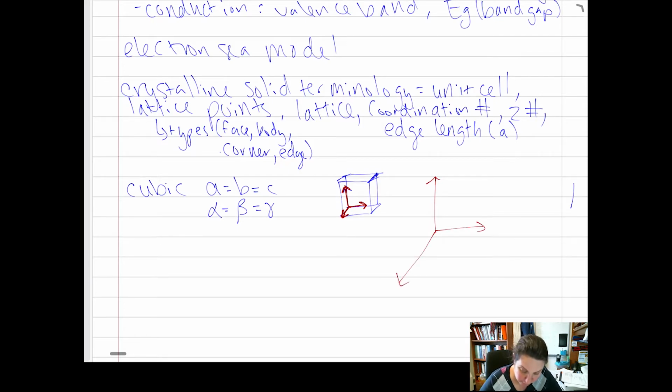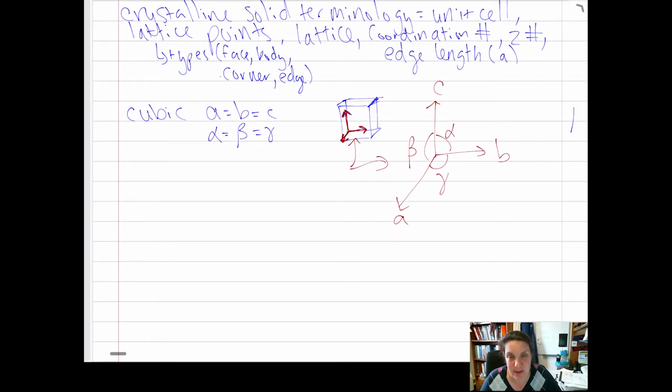So this big thing is what just came from right there. Right? So we have C, B, A, alpha, beta, and gamma, and our different unit cell types will have different relationships between A, B, and C, different relationships between alpha, beta, and gamma. With our cubic, A equals B equals C, alpha equals beta equals gamma.